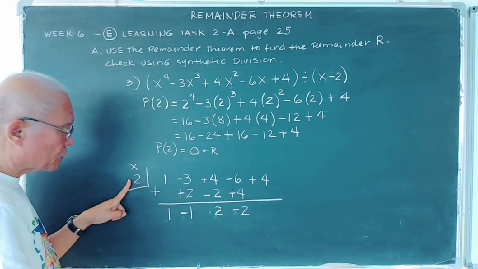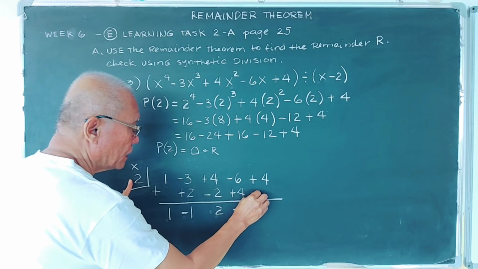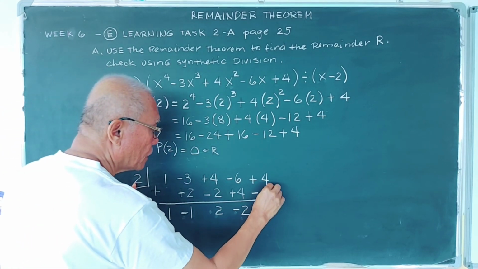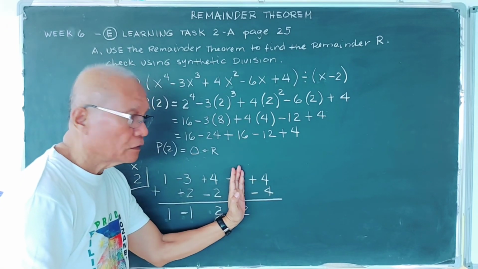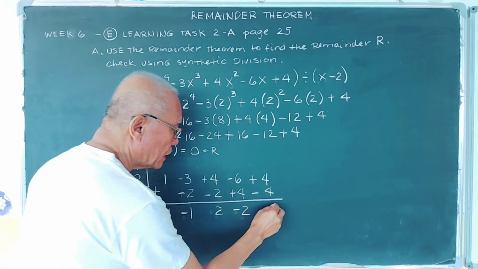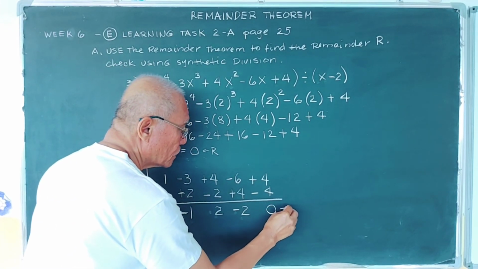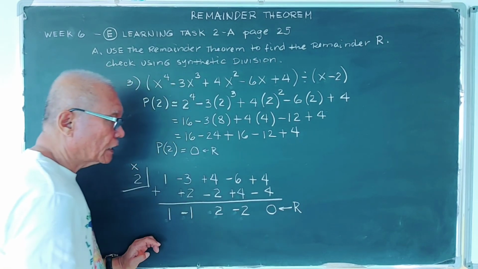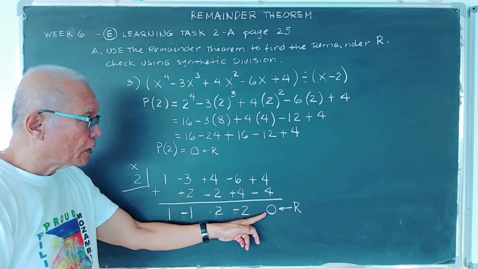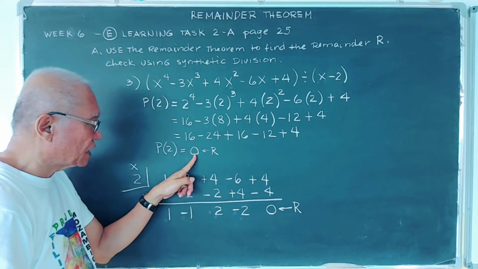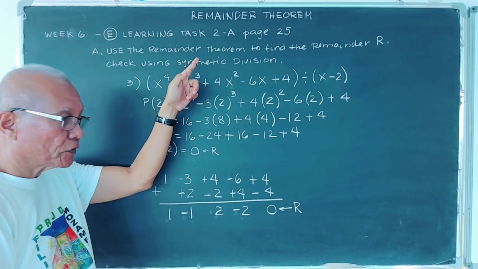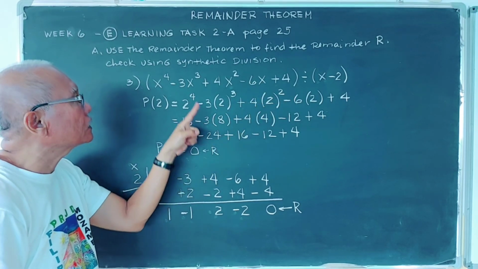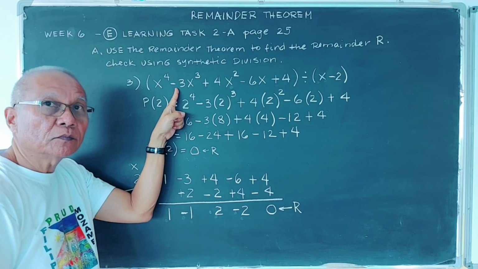Negative times positive is negative. 2 times 2 is 4. And then, 4 minus 4 is 0. So, itong last na ito, yun ang ating remainder. At ang remainder natin ay 0. Dito, ang remainder natin ay 0 by using remainder theorem. Therefore, yung x minus 2 ay factor nitong ating polynomial.